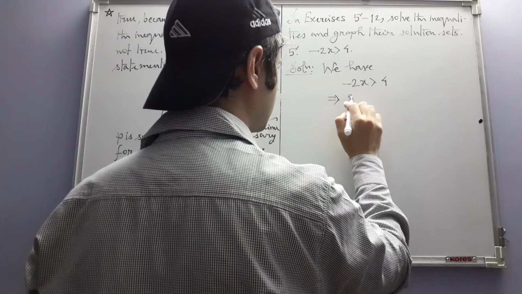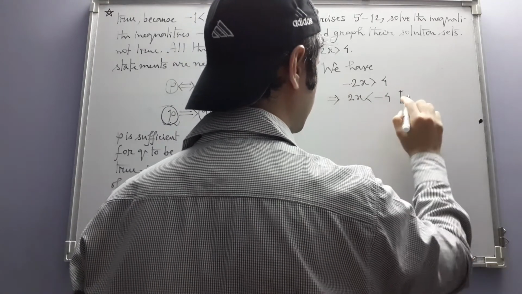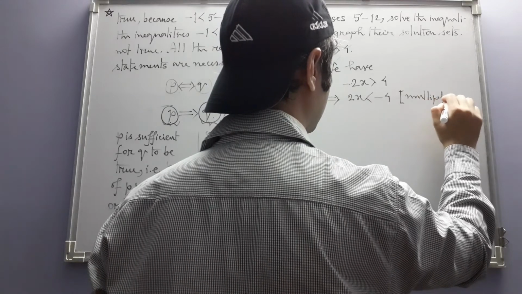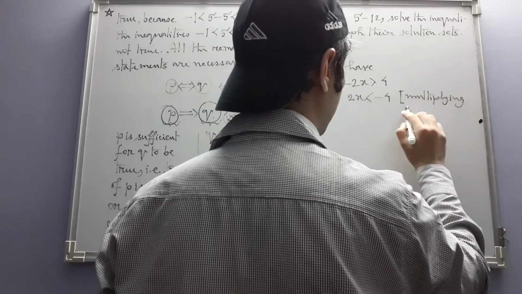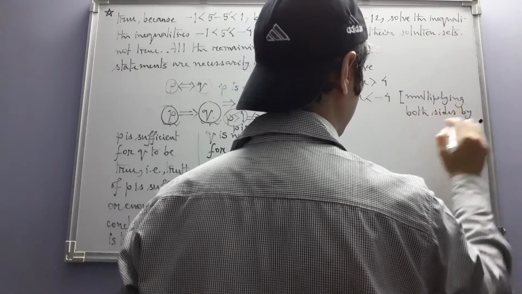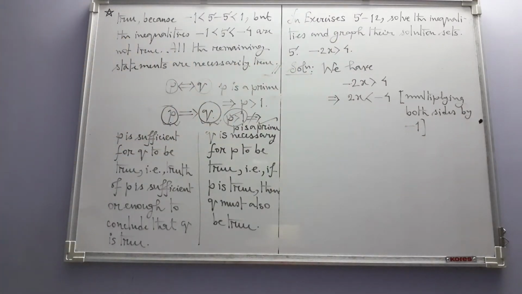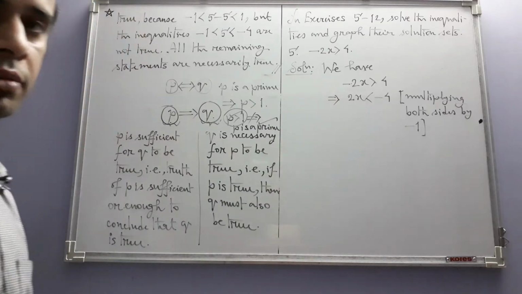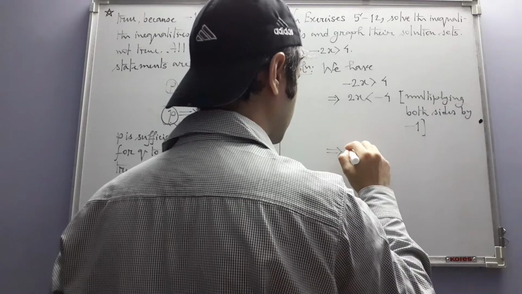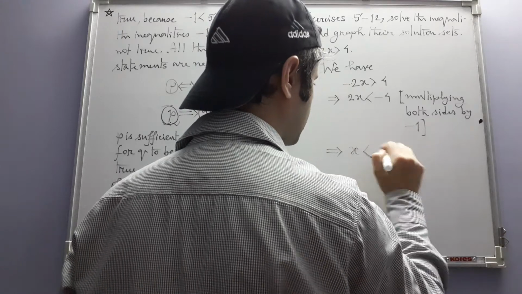This implies 2x is less than minus 4. Multiplying both sides by minus 1, if you do that, the inequality will get reversed. x is less than minus 2.